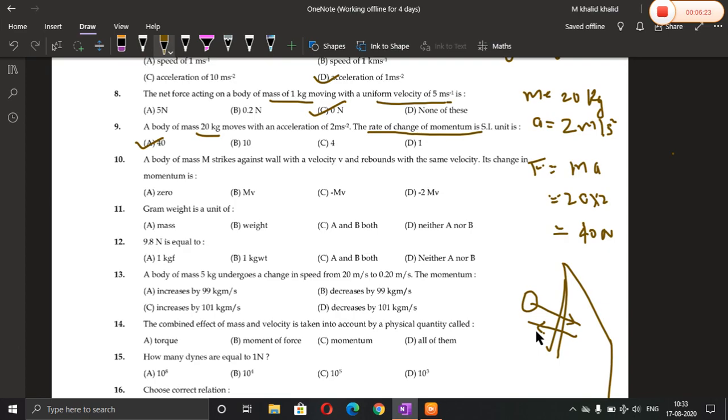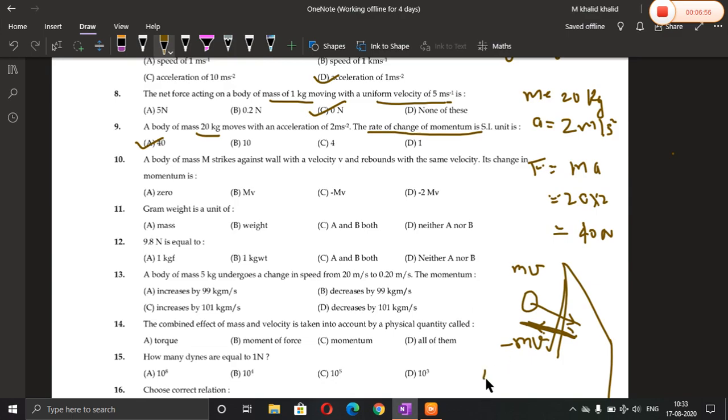Now momentum is also a vector quantity. So if we are considering the net change, we take final momentum minus initial momentum. The final momentum has the opposite direction, since it rebounds in the opposite direction, so we take it as negative mv. Initially it was coming with mass m and velocity v, so its momentum was mv.